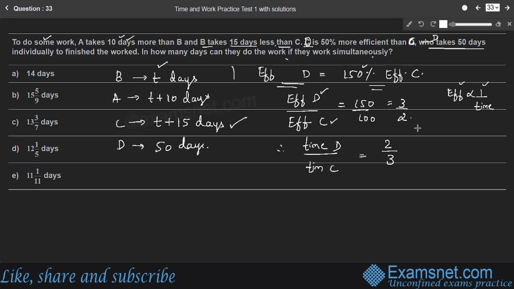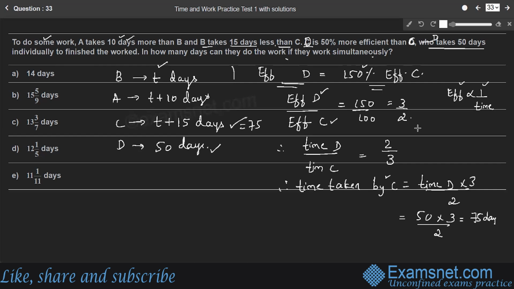Here time taken by D is given as 50 days. Therefore, time taken by C is time taken by D into 3 by 2, which is 50 into 3 by 2, so 25 into 3, 75 days. So C takes 75 days.